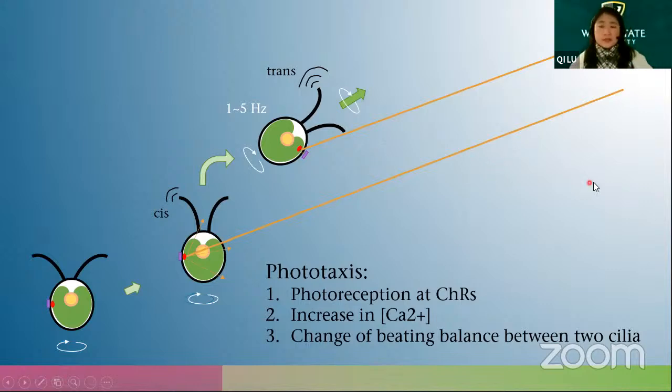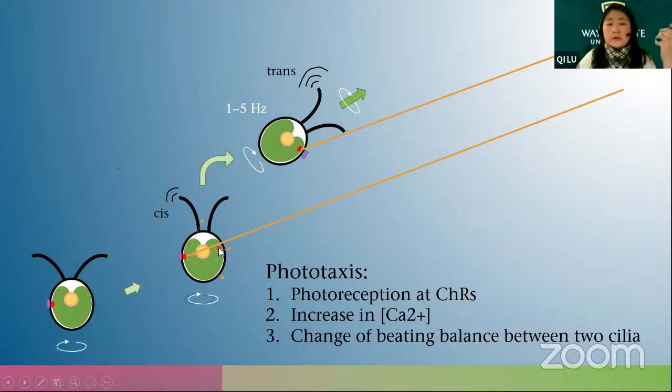So here in this picture, it shows the phototaxis. It shows how this green algae moves towards the light resource. And the light resource is at the upper right corner. The first step is the light. The green algae rotates on its own axis, occasionally or randomly.